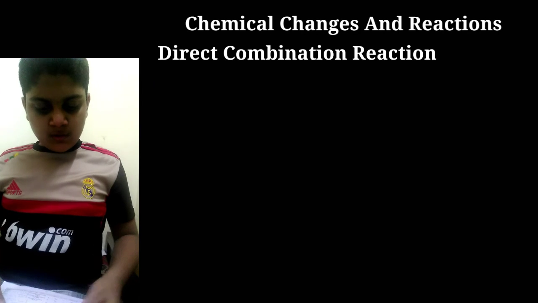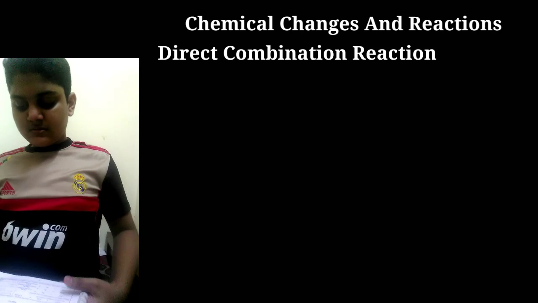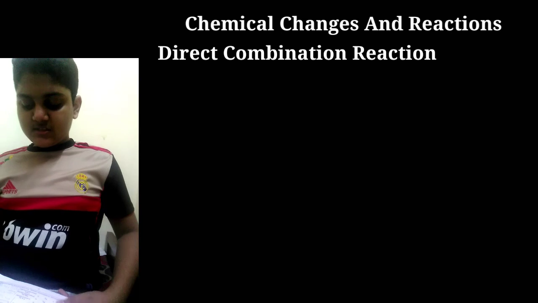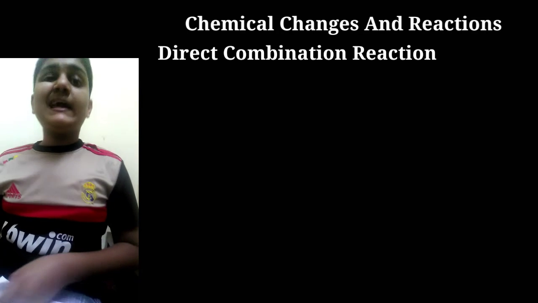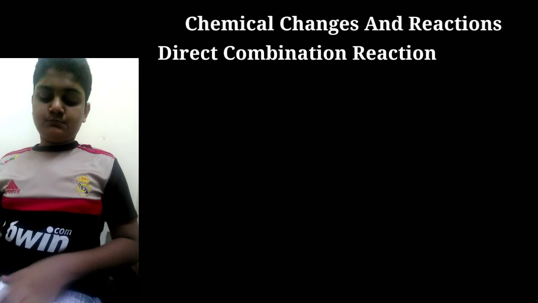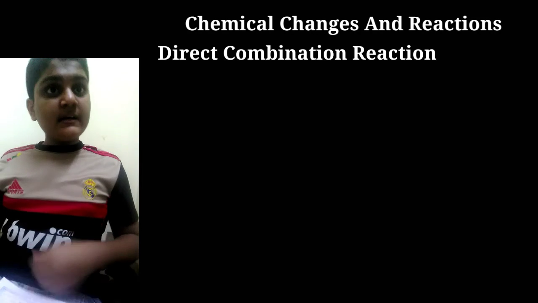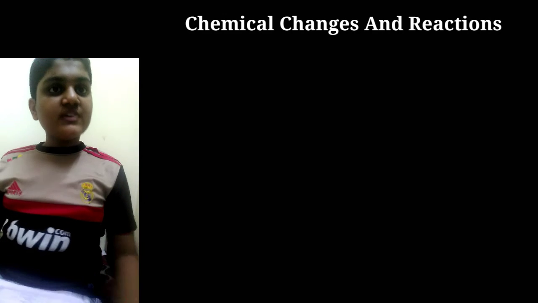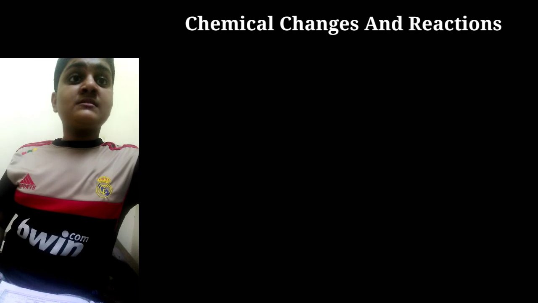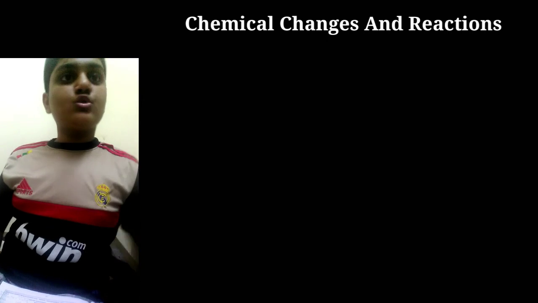After that, ammonium chloride, then ammonium sulfate. Then ethane, prepared via ethylene. So we are done with direct combination reactions. Direct combination reaction is also called a synthesis reaction.